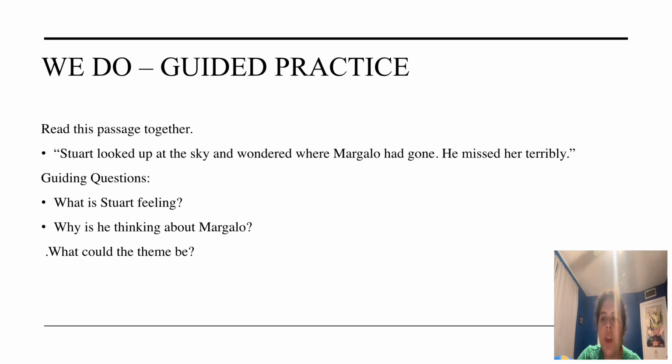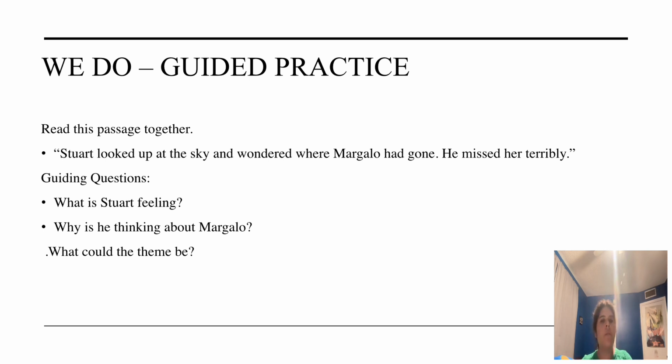What is Stuart feeling here? As he's looking up in the sky and wondering where Margalo has gone, he is feeling sad. You're right, he's feeling sad and worried because he misses his friend.